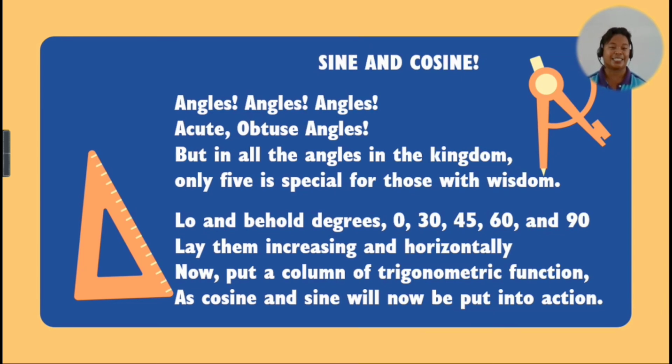Entitled Sine and Cosine. Angles, angles, angles. Acute, obtuse angles. But in all the angles in the kingdom, only 5 is special for this wisdom. Lo and behold, degrees 0, 30, 45, 60, and 90. Lay them increasing and horizontally. Now put a column of a trigonometric function, as cosine and sine will now be put into action.